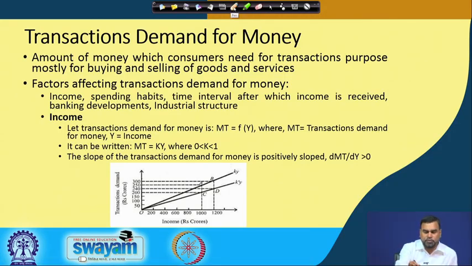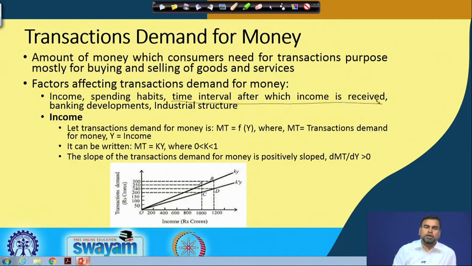What do we mean by time interval? It is the time interval after which income is received. You see at what time you want this particular money. For example, you are paying service charges, whether the service charge is paid weekly, monthly or yearly. If it is monthly, then obviously you need more cash with you.